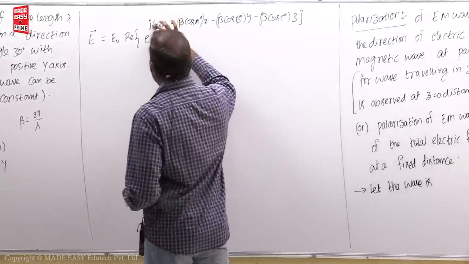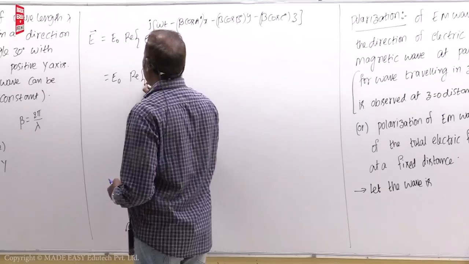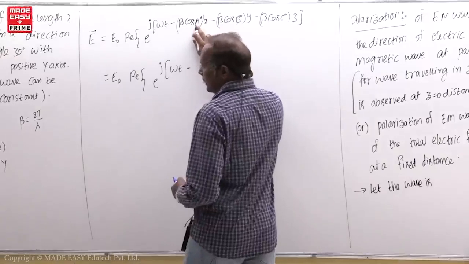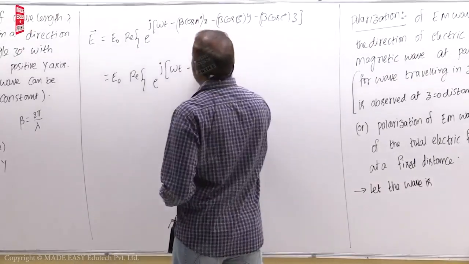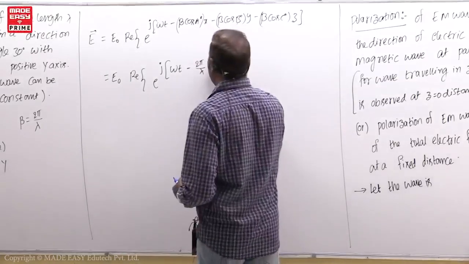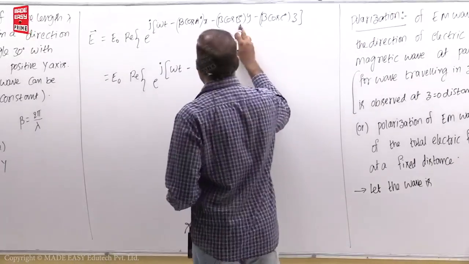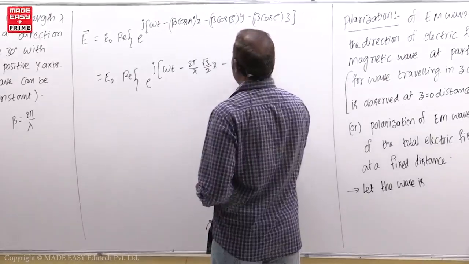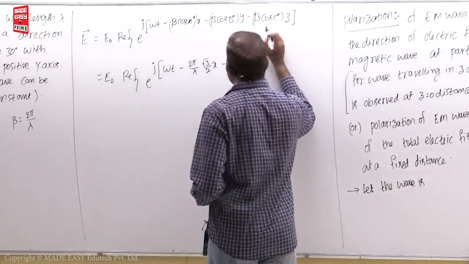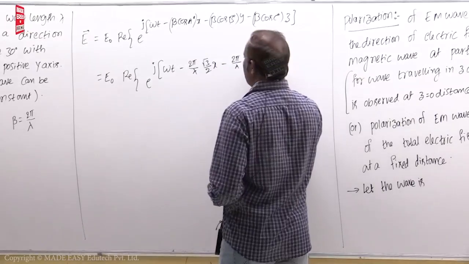Okay. So now this is the formula. Let us substitute now. E naught, real part of e power j omega t minus, a degrees is 30, beta is 2 pi by lambda, and cos 30 is root 3 by 2 into x, minus, here b is 90 degrees, so you get 0. Then beta is 2 pi by lambda, c degrees is 60, so cos 60 is half into z.